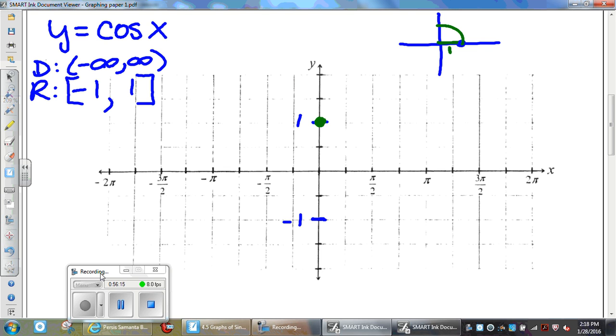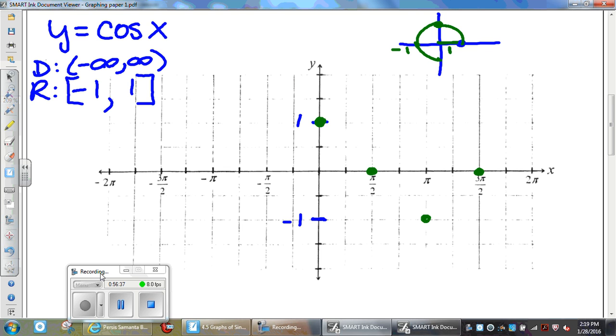Now the cosine of pi over 2 is what? 0. What is the cosine of pi? -1. Not +1, but -1. What is the cosine of 3 pi over 2? 0.